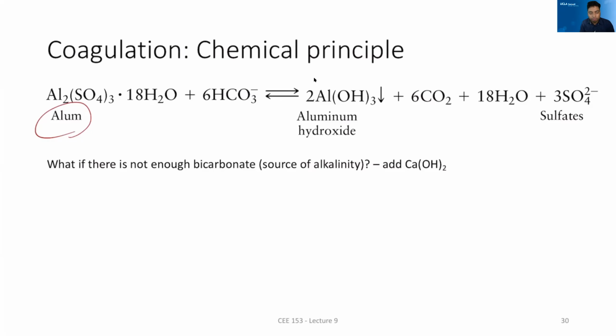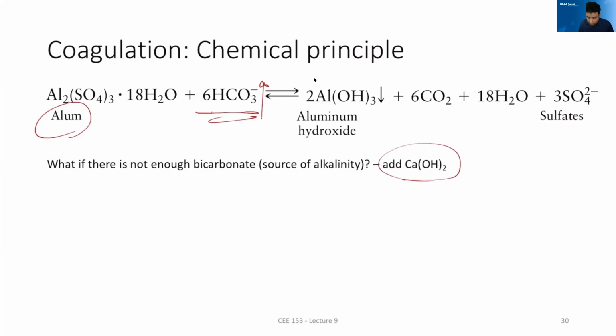As you see, this process requires carbonate, and usually groundwater has lots of carbonate. Carbon dioxide is also naturally dissolved in water, so you naturally have a high concentration of bicarbonate. But if you don't, you have to add something like calcium hydroxide, because your goal is to increase the pH.